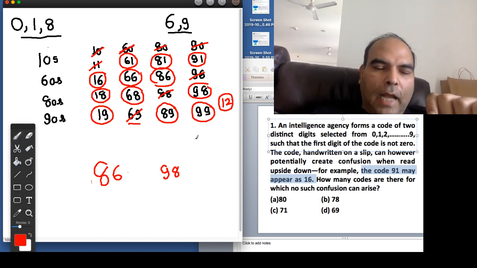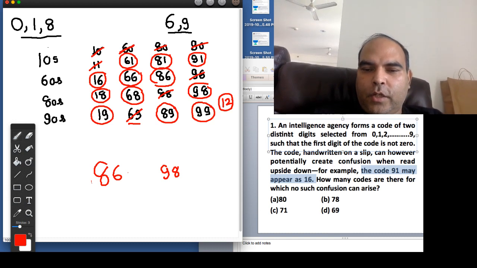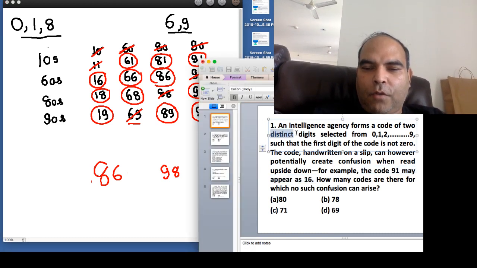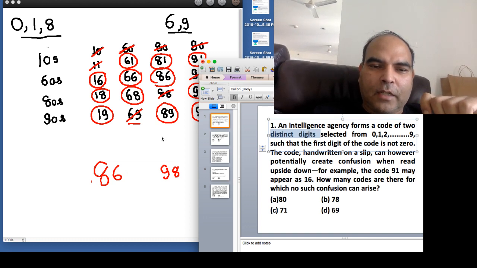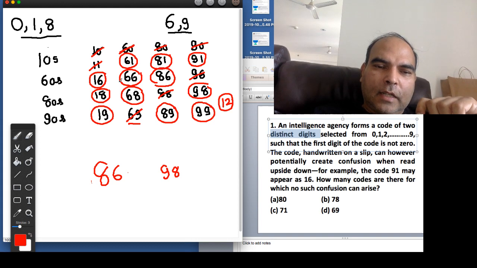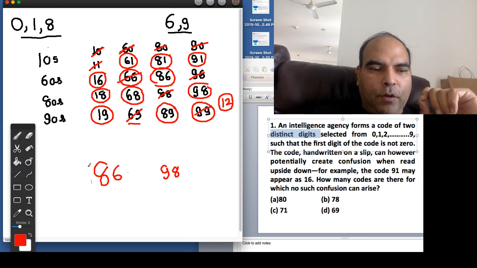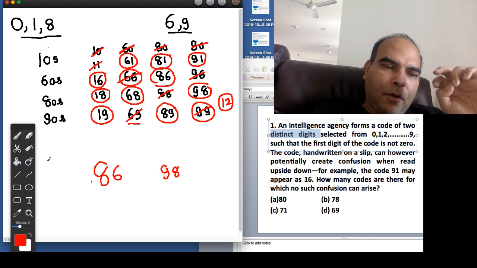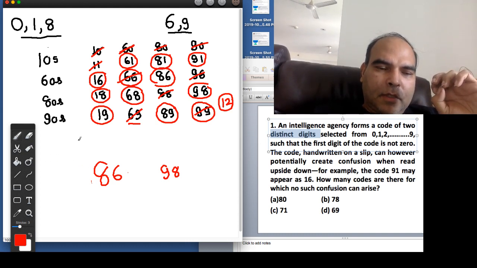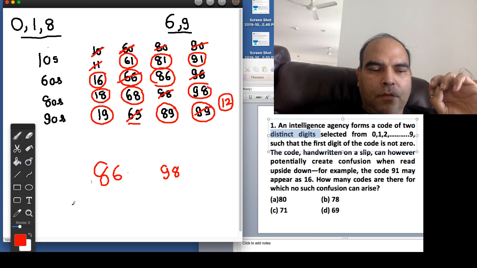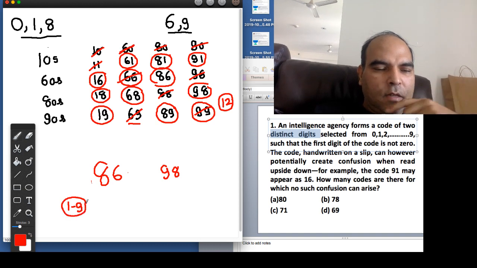Now there's one more catch in this question. The question had said that you are making numbers from distinct digits. So if distinct digits are required, 66 and 99 are not going to be counted. And also one more modification you have to make to the problem is that the first digit can be anything between 1 to 9. So 9 ways of selecting the first digit.